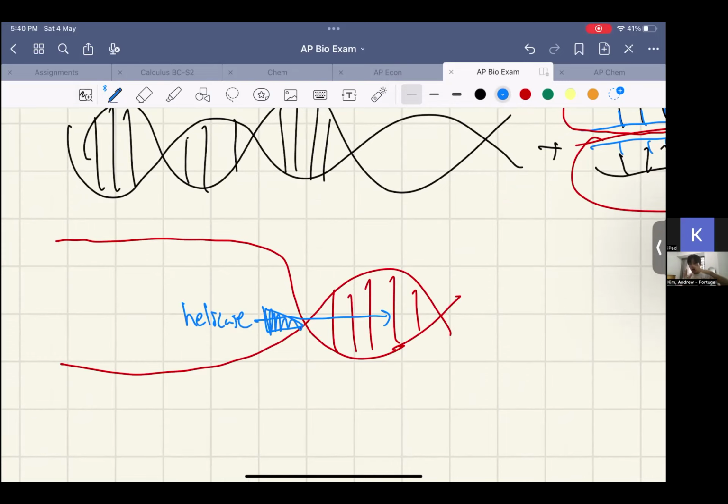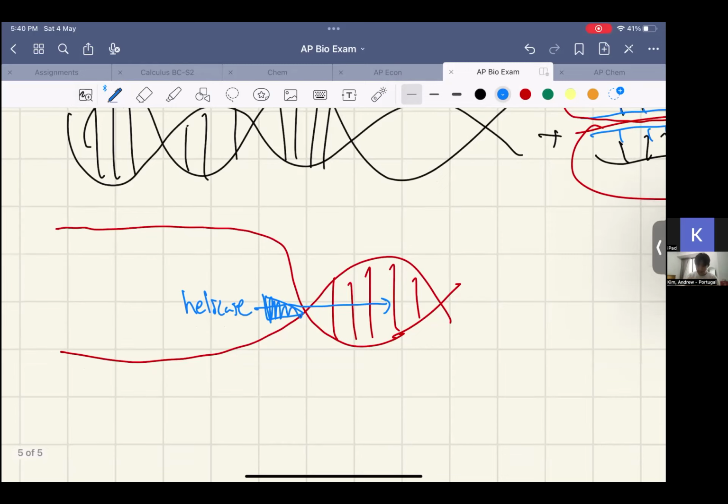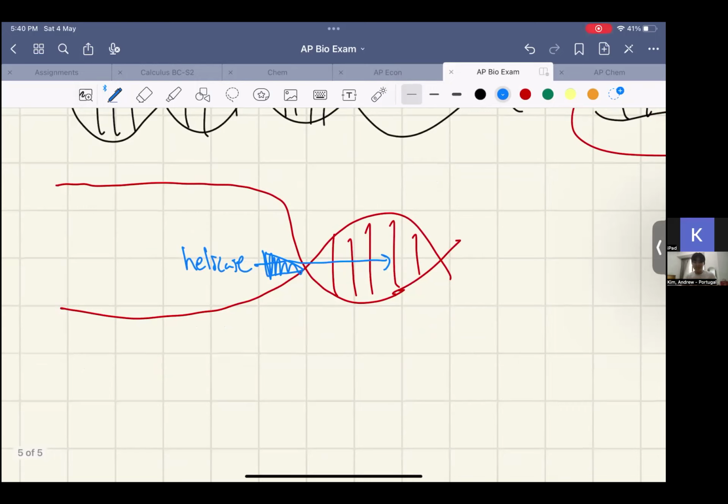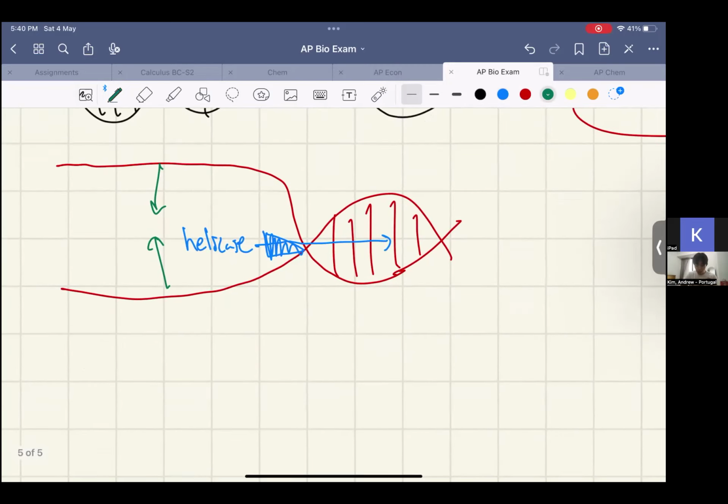It's going to zip 2 connected strands into 2 split strands, okay? Now, what's important is, unlike zippers, once helicase goes through, yes, initially the 2 strands will be split, but they're trying to stick back together. We don't want that to be happening. We want them to just stay open so that 2 extra strands can be made and DNA is replicated, right?